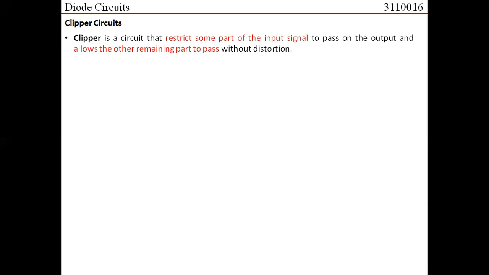What do I mean by this? Clipper circuits are the circuits to which if you give some input signal, then some part of the input signal would be available at the output and the remaining part would be restricted and would not be available on the output side.